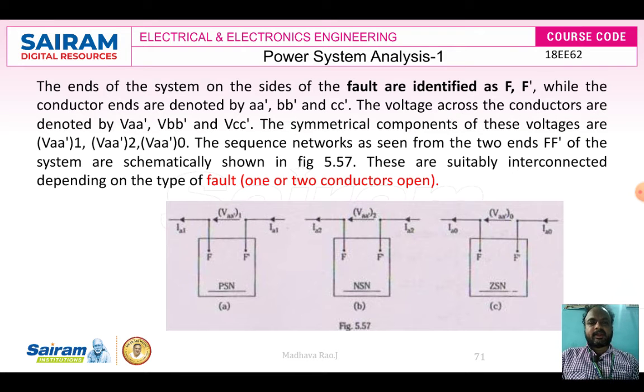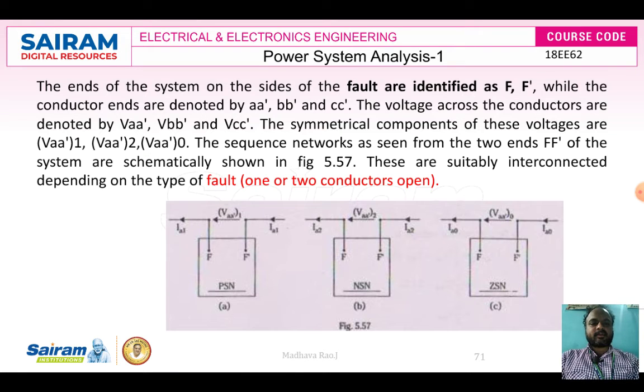The fault is identified as F and F dash, while the conductor ends are A dash, B dash and C dash. The voltages across the conductors are V A dash, V B dash, V C dash.